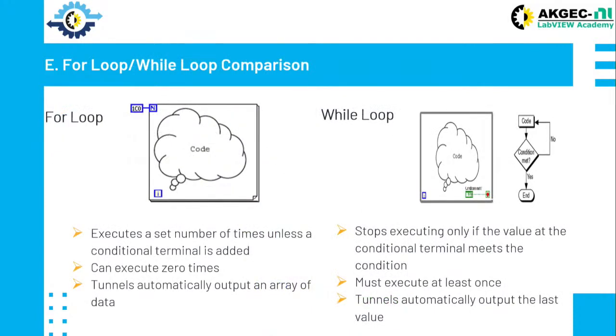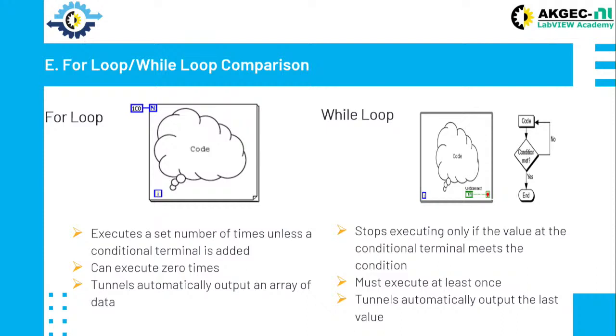If we compare the for loop and while loop, the for loop will be executed a set number of times unless a conditional terminal is added. If we add a conditional terminal in the for loop, then we can stop it in between. Like if I have selected 10 iterations and add a conditional terminal, then I can stop my execution in between.